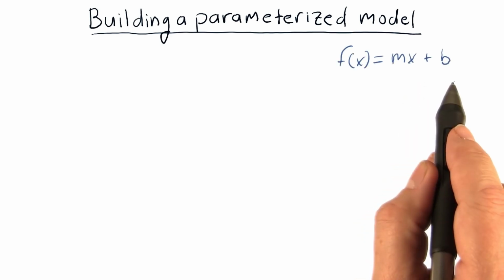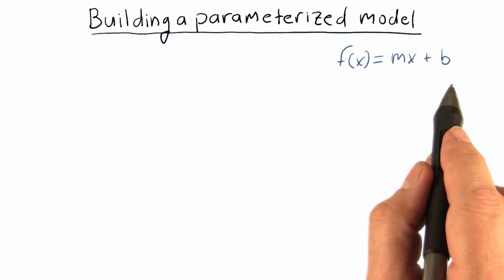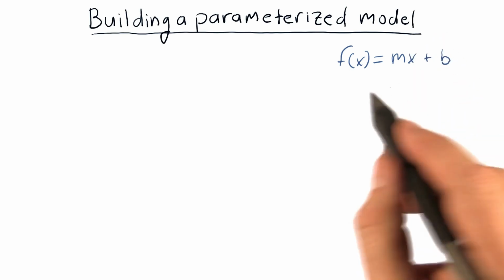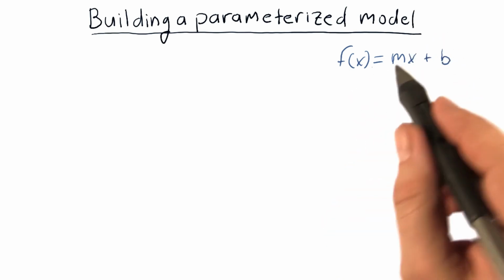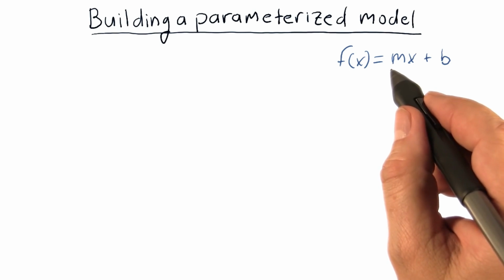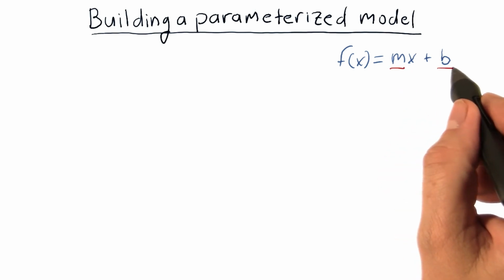Now we're going to do something really cool. I'm going to show you how to build a parameterized model from data. What do I mean by parameterized model? This is an example of a parameterized model that you're probably familiar with from algebra. It's a function of x, and it has these 2 parameters, m and b.